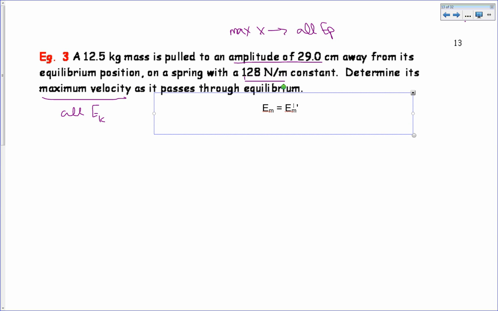Okay, so we would have 0.5 kx squared plus 0.5 mv squared equals the same thing.